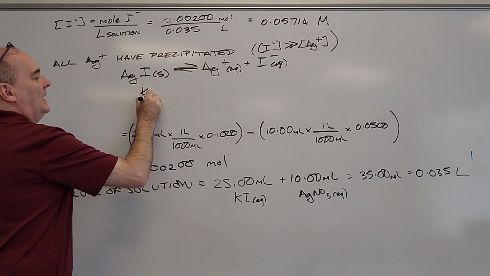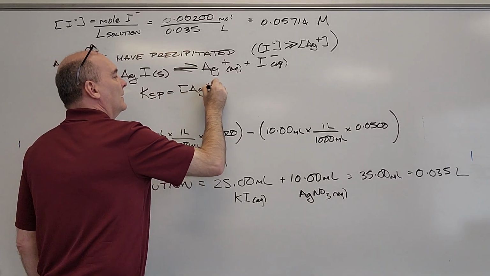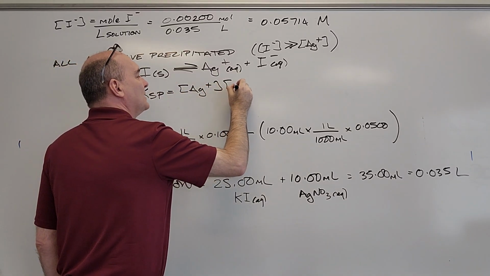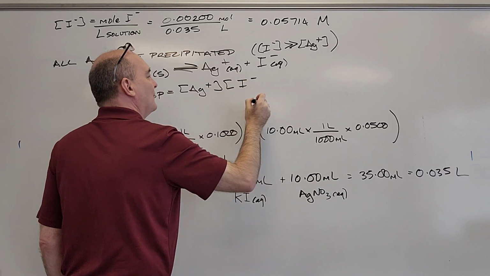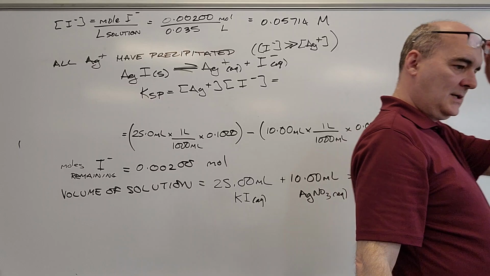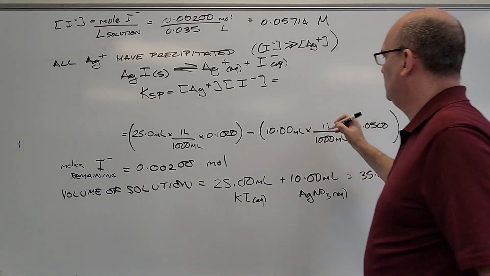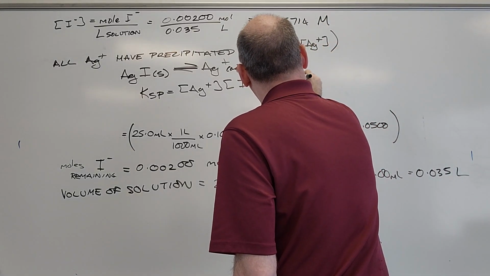And the Ksp for this is the concentration of the silver multiplied by the concentration of the iodide, and the value for Ksp for silver iodide was a big number. I say big number, tiny number. 1.45 times 10 to the negative 15.